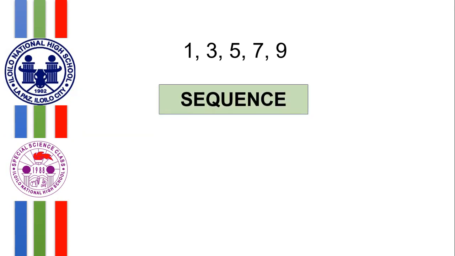To motivate our topic for today, suppose I give you this: 1, 3, 5, 7, 9. So I just listed terms, and this is an example of a sequence, particularly a finite sequence, considering you have a limited number of elements. But how about this?